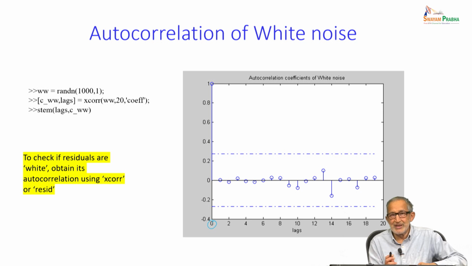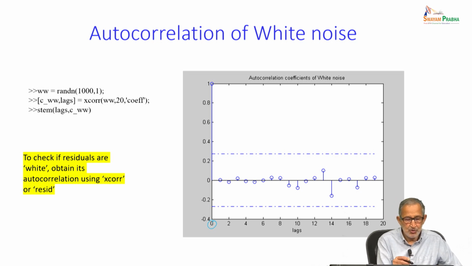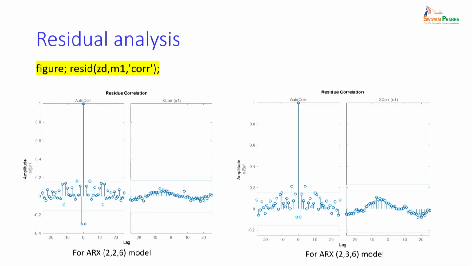It is within the confidence bound. To check if the residuals are white, obtain their autocorrelation using the xcorr or the resid function. These functions may have changed names, so just be careful, but look for equivalent functions in MATLAB if that's what you're using. If you're using Python, there must be equivalent functions in Python.